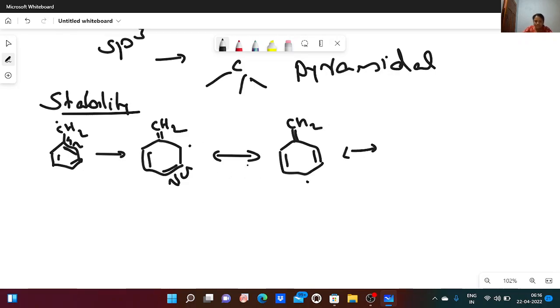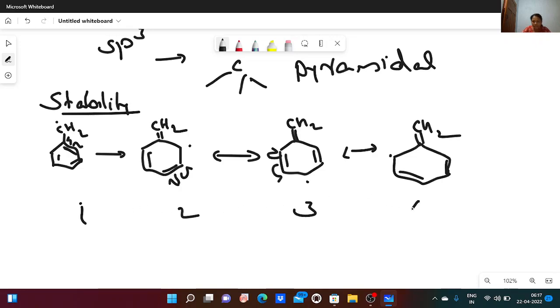Again this type of cleavage can be shown, giving a dot here and a double bond here, double bond CH2. If we have one more structure, you will get the first structure with the dot on CH2, the fifth structure, which will be the same as the first structure. So these are the 4 resonating structures of the benzyl free radical.